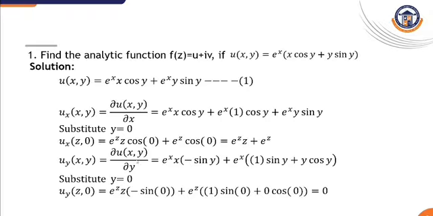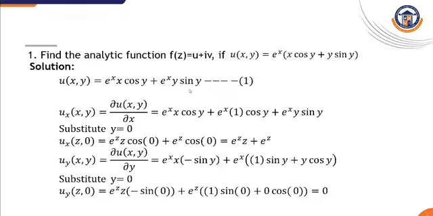Again with the same idea, we take the derivative with respect to y, dou u by dou y. The derivative of the given function with respect to y: e power x into x into minus sin y, plus e power x into the derivative of y sin y, which is sin y plus y cos y.